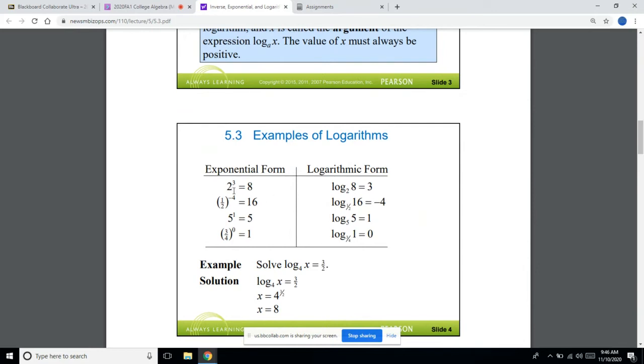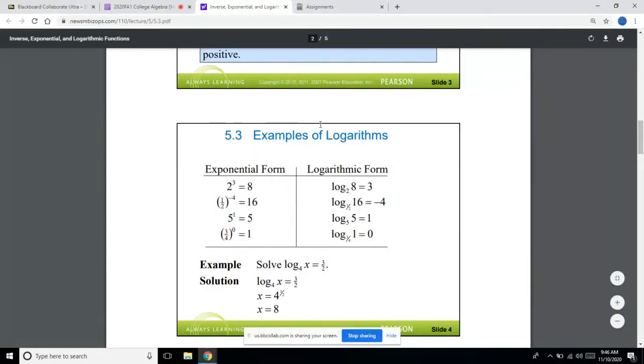From this first exponential form, my base is 2. The base for my log is also 2 when I rewrite it in log form. Take a look at the second example. The base for my exponent is 1/2. The base of the log is also 1/2 when we rewrite it.